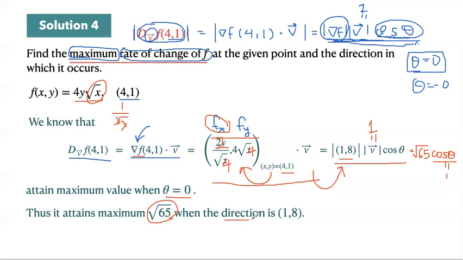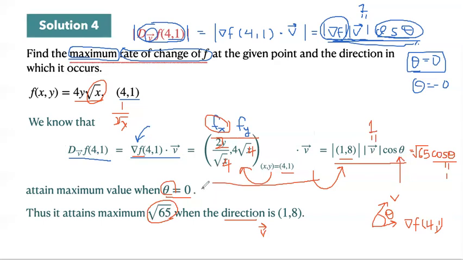And we want to find the direction v. You know that theta is the angle between the gradient f at (4,1) and the vector v, right? Then we say that this angle is given by theta when we use this formula.